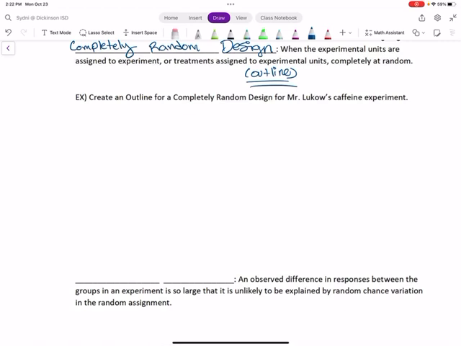So what we're going to be starting with is exactly where he starts, where he's got 20 volunteer students. Now, from these 20 volunteer students, he is going to complete a random assignment.